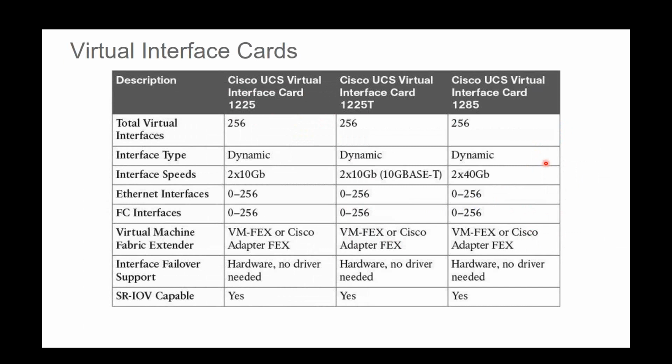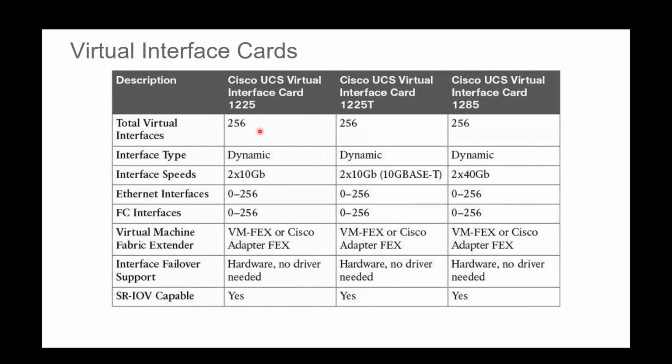Now with the VIC cards, they started giving you the capabilities of actually... Oh wait, no, that's right. These are actually the C series cards. The B series ones are the 1240 and 1280, but they're the same idea. What you're looking at mainly is these 2 lines here.